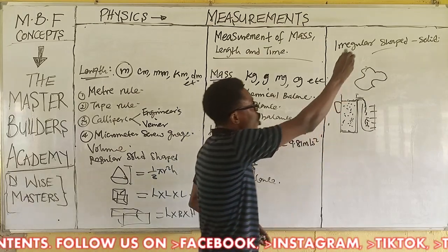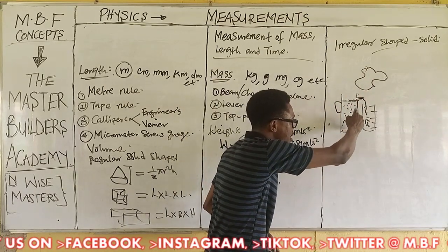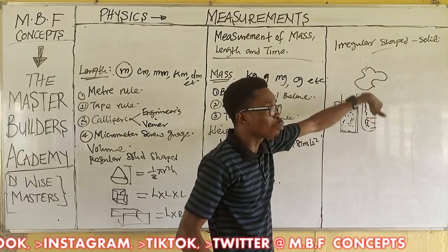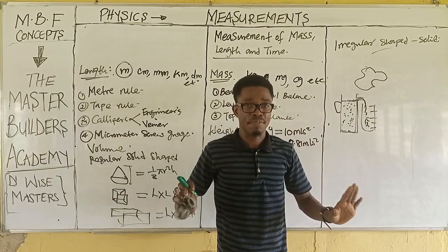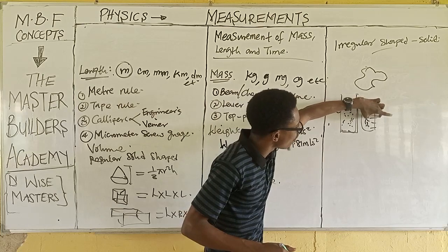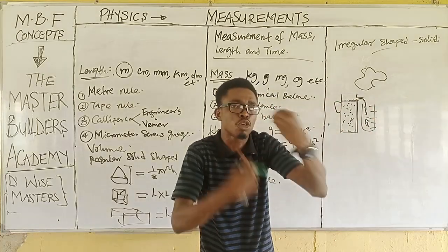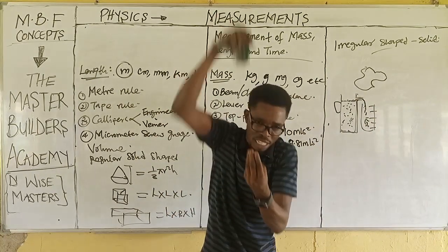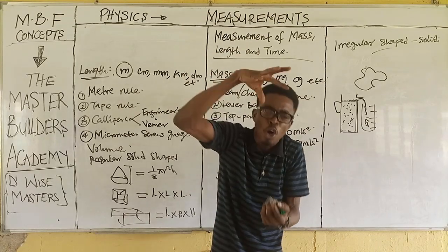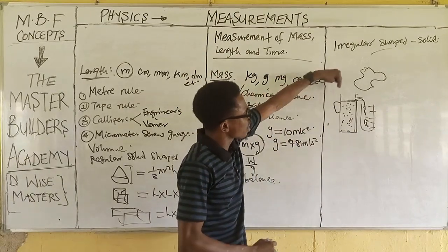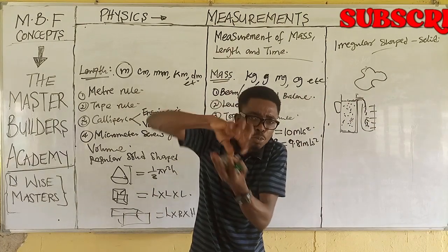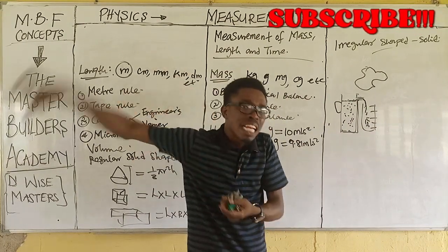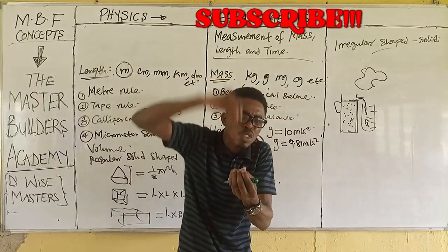For instance, if I gradually drop this object inside until the water begins to pour out, I allow the water to pour out till it stops itself. If I measure this volume here, the one that was displaced when the irregular shape was inserted, that volume you measure that was displaced out is equivalent to the volume of the object.